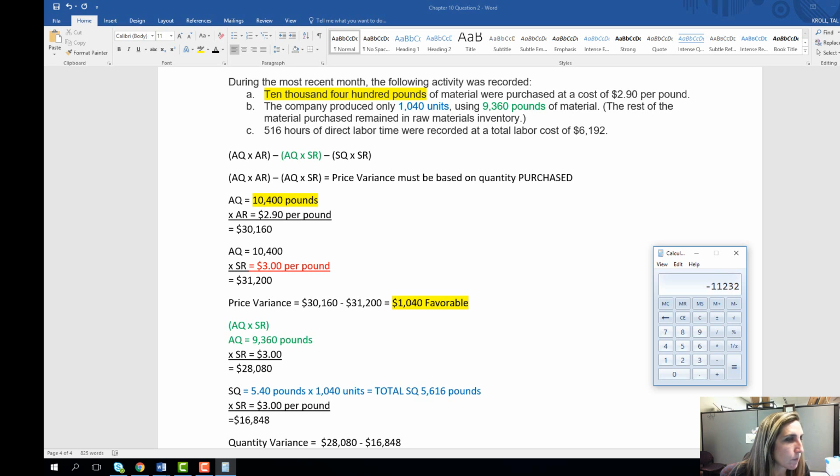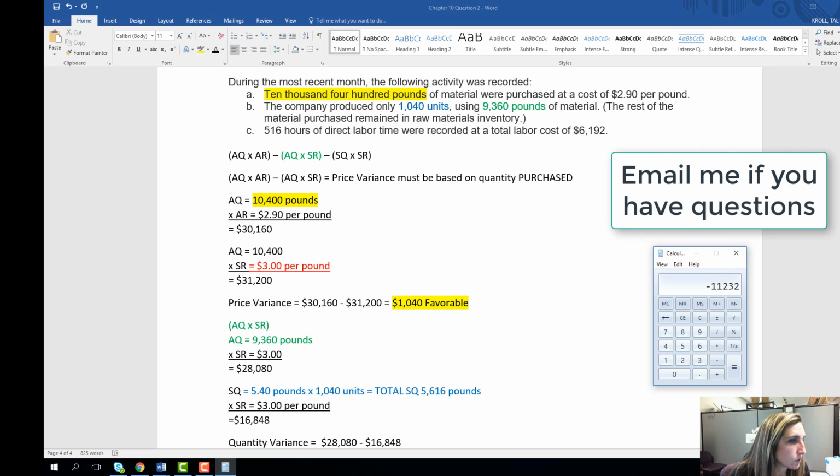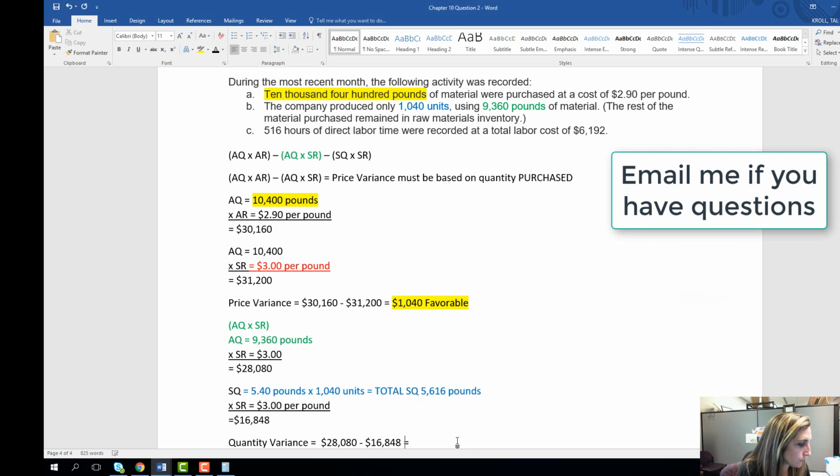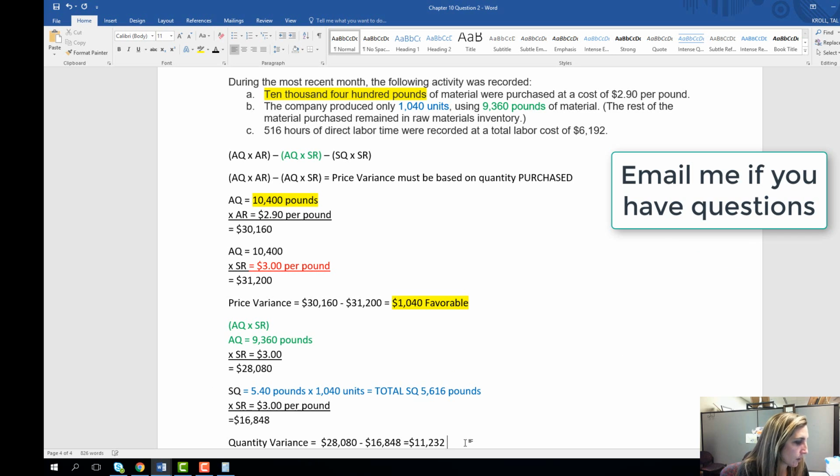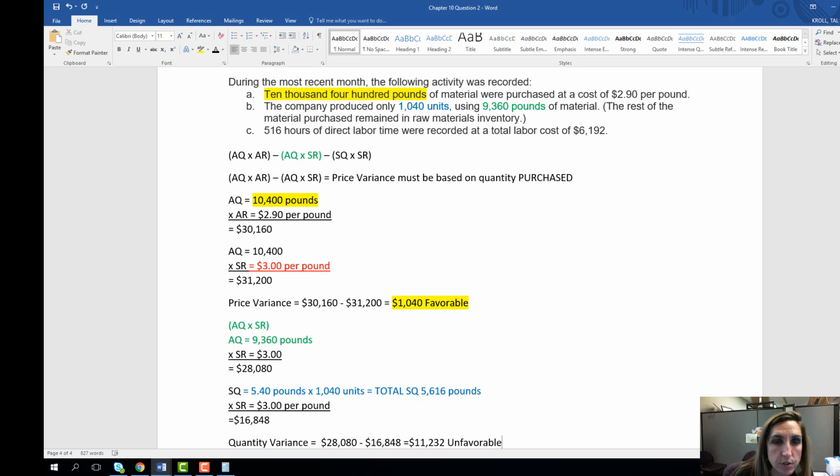It's unfavorable because it's 11,232. Check that, because my actual was greater than what I should have used quantity wise. So that completes question 6.